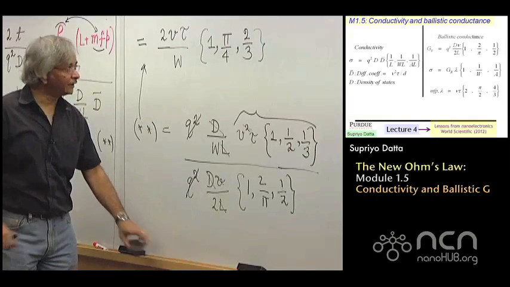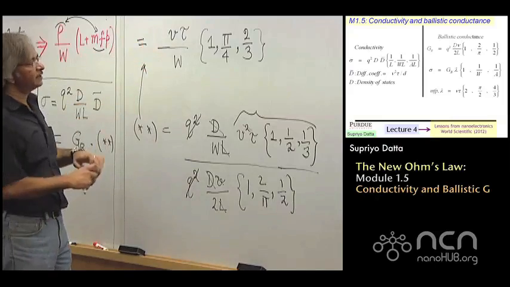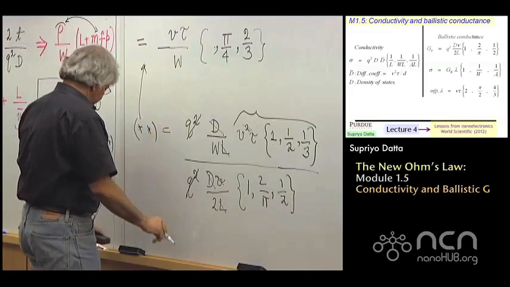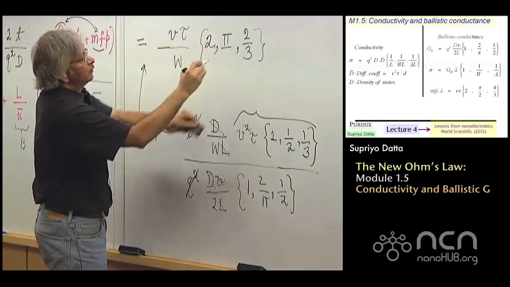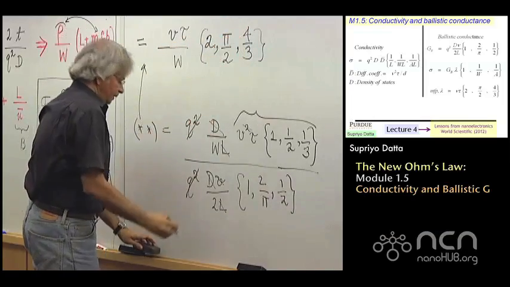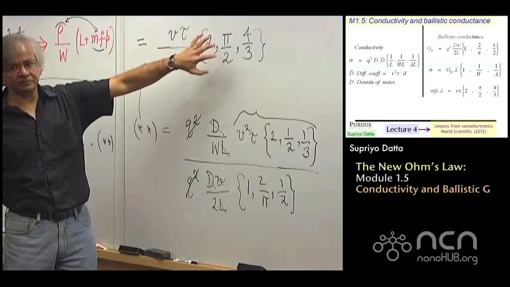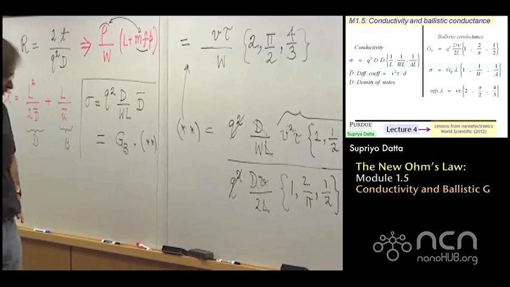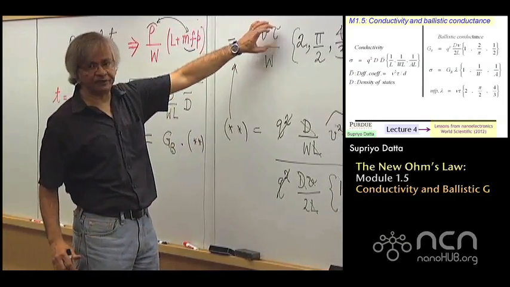And if you like, we could take the 2 from here and put it inside. So it would look like 2, pi over 2, and 4/3. So this is the quantity, V tau times this, that we usually define as the mean free path. So mean free path is velocity times mean free time.